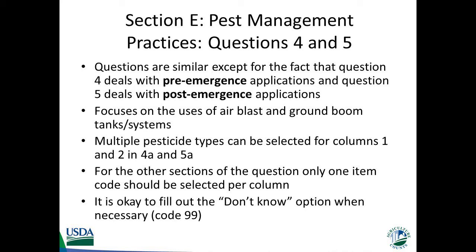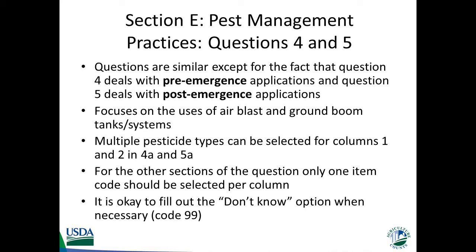You also may need to check multiple pesticide types in questions 4A and 5A. For all other parts of the questions, only one checkbox should be selected for each question based on what was typical for the primary target on that operation. For parts B and C, you will notice that the options are not necessarily the same for air blast sprayers and ground boom sprayers.